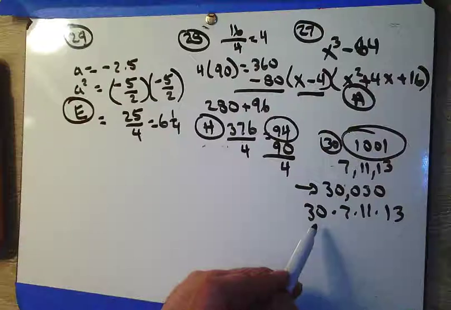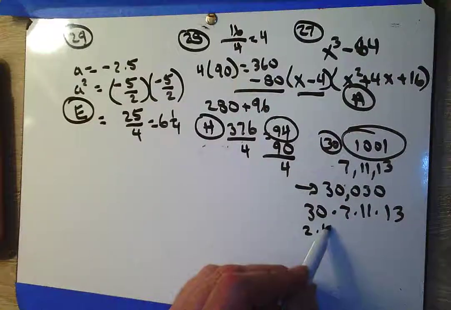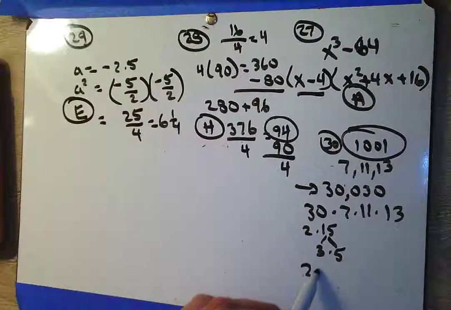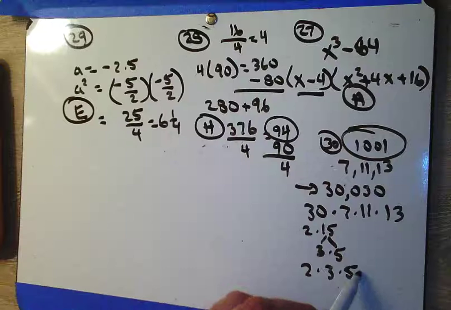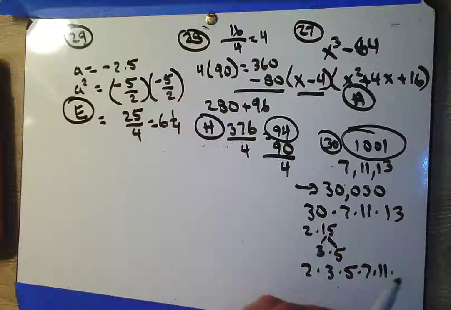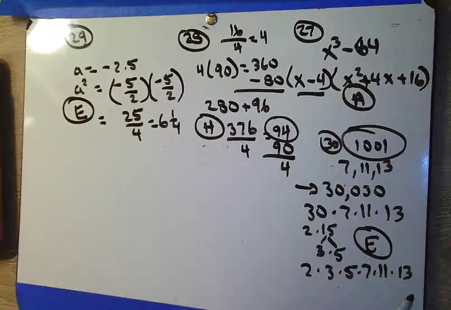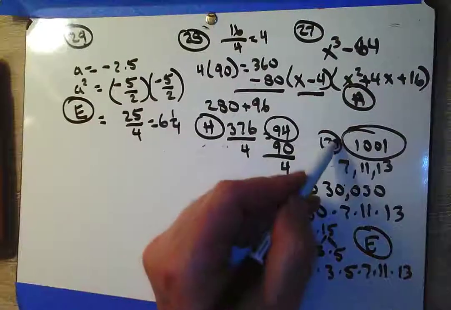Now, this isn't prime factorization yet, so I'm going to have to split this up. 30 is 2 times 15, which is 3 times 5. So 2 times 3 times 5 times 7 times 11 times 13. That's the prime factorization of 30,030, and that's why my answer to this problem is choice E. E for number 31. Did we do 30? Oh, that was 31.